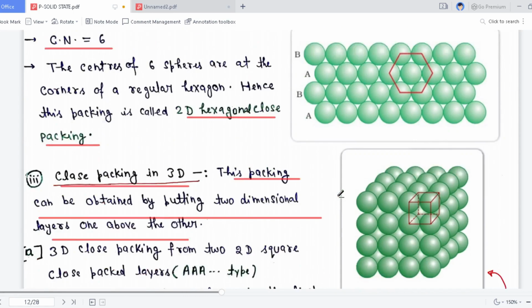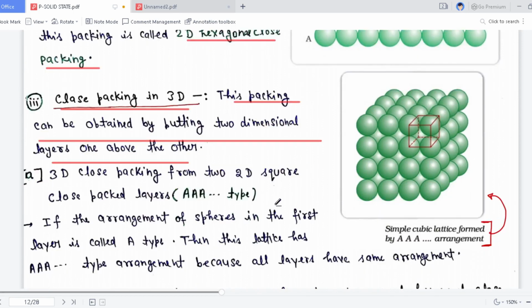It is just like the first one, but this one is called cubic packing because it is the AAA type arranged in a 3D structure, and that is how it differs. When you join the lines, they end up forming a cube. See this big cube, and this is another small cube.